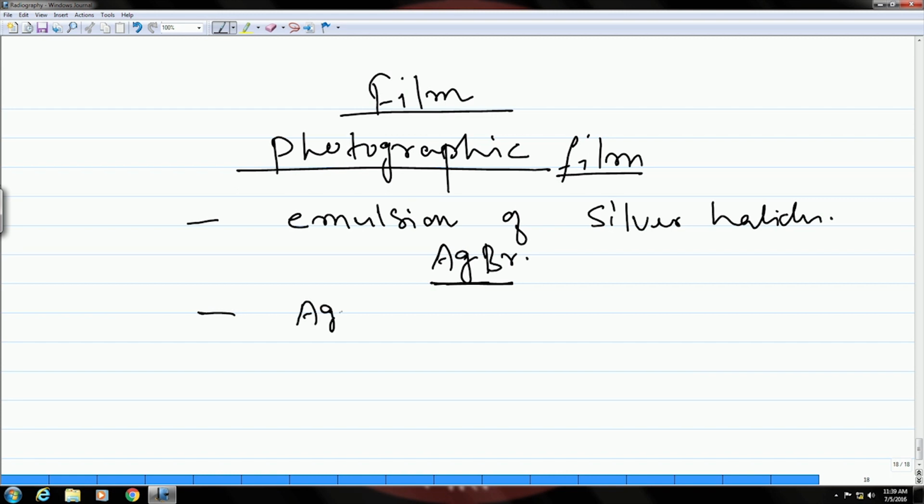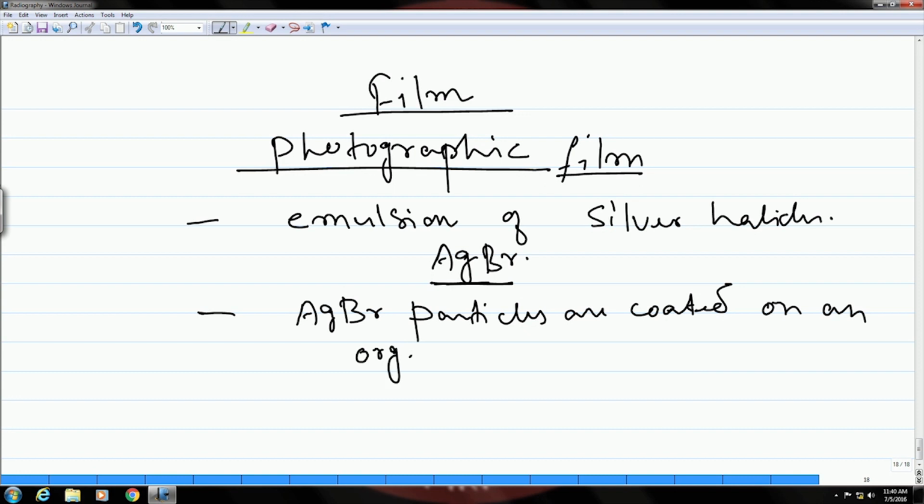So, these AgBr particles are coated over an organic gelatin matrix on both the sides.